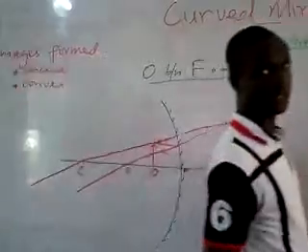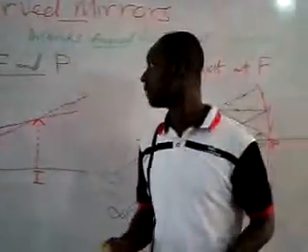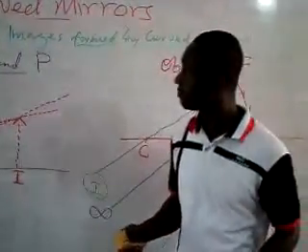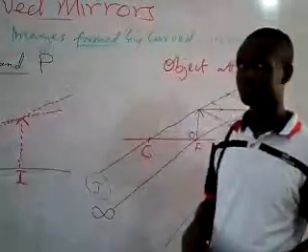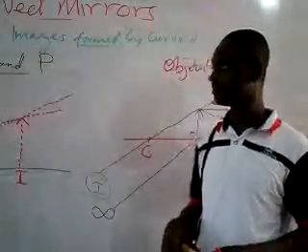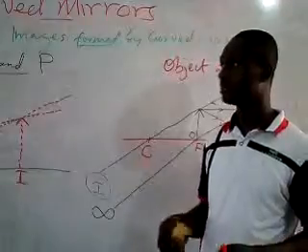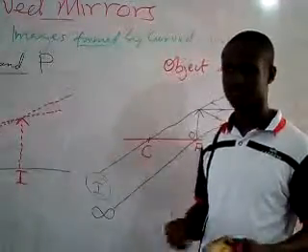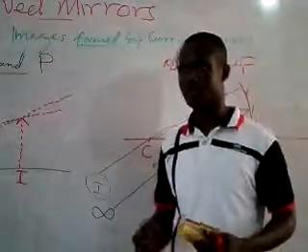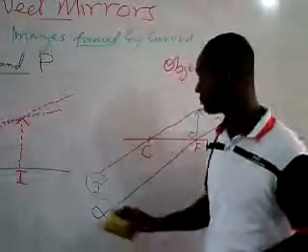So these are the images produced by concave mirrors. When we meet again in class, I will bring some concave mirrors and then you observe how these images are formed.